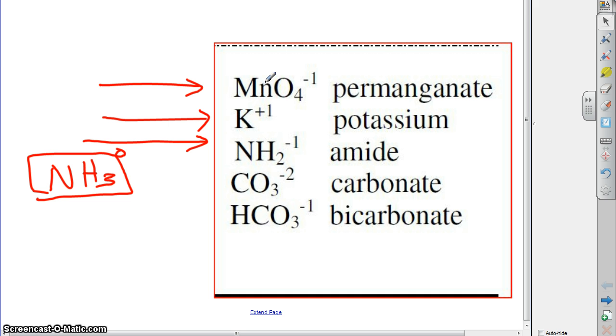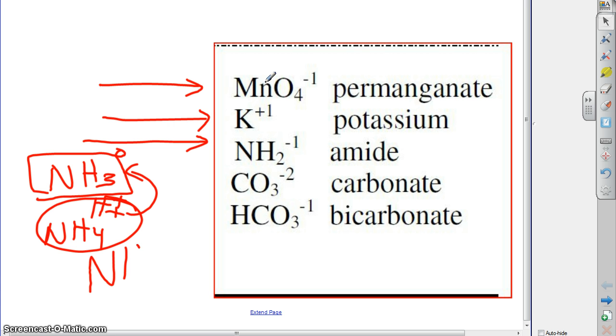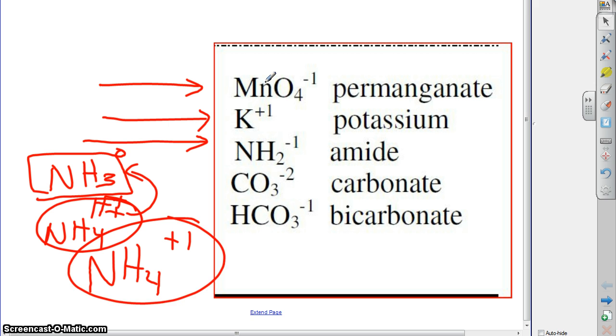First of all, let's say that we stuck another hydrogen onto it, and now we would have, instead of NH3, we would have NH4. And since hydrogen's positive, it would be a +1 charge. Sorry, my board didn't get oriented before I did this, so it's a little bit off. So that's ammonium, which is not on this list, but it is on a list later, I believe, number 11. That's all we'll talk about.